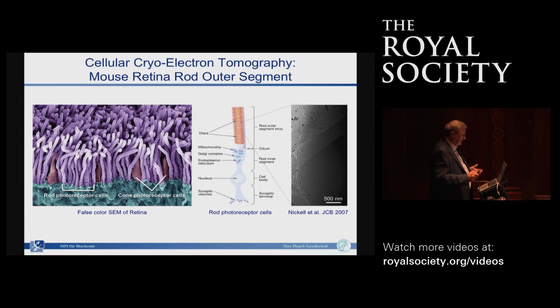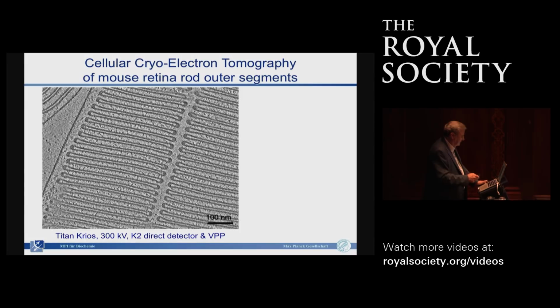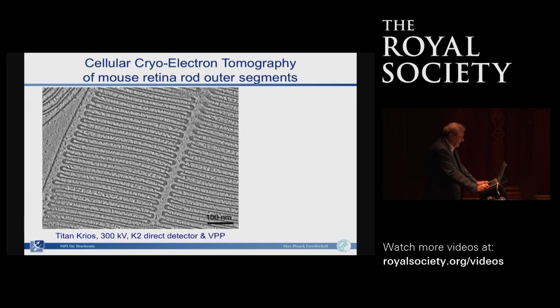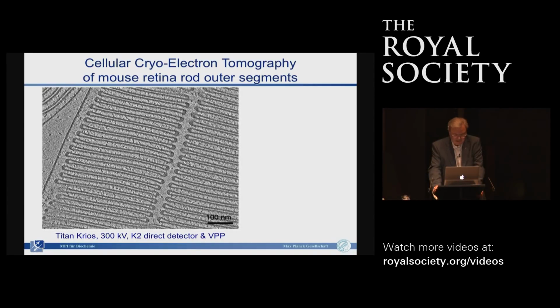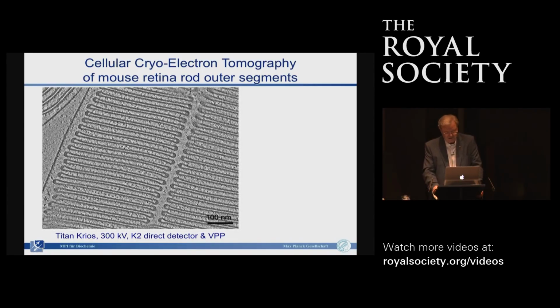You see that the isolated rod outer segment is just a little bit too thick, so we don't see a lot of detail there. And this is now a rod outer segment after focused ion beam milling and taken now with direct detectors and the Volta faceplate and so on and so forth.